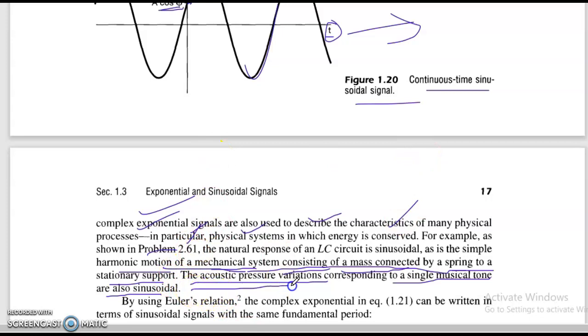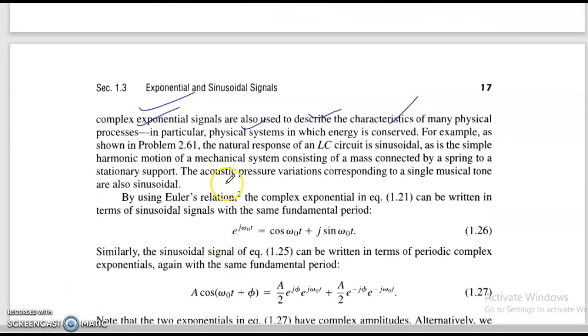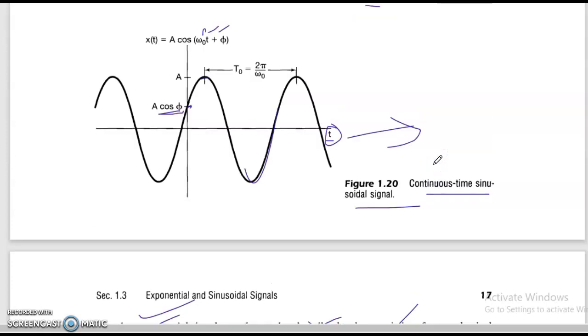The acoustic pressure variations corresponding to a single musical tone are also sinusoidal signals.